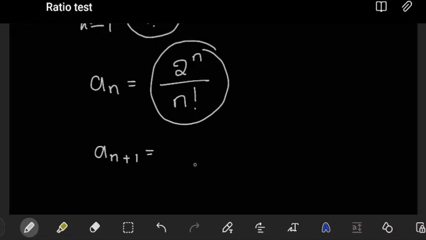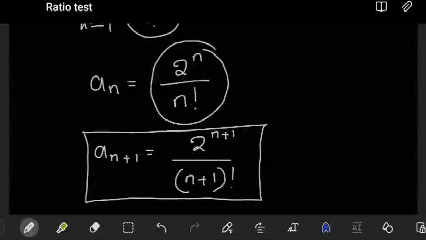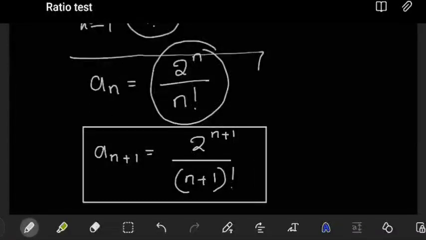We're going to have n plus 1 instead. So this becomes 2 to the power n plus 1, divided by n plus 1 factorial. So this becomes the expression for a sub n plus 1, while this becomes the expression for a sub n.